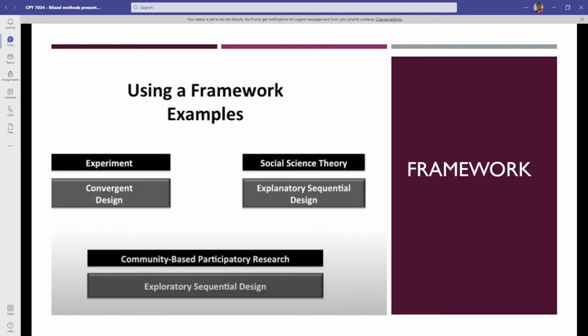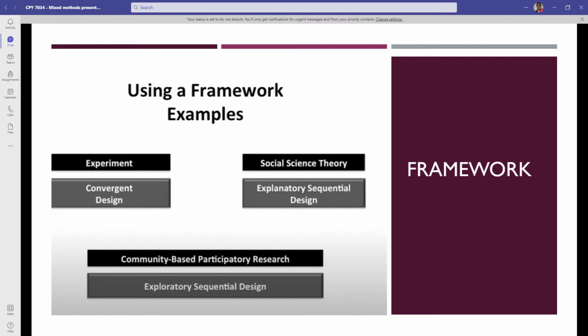And then lastly, you put it into a framework. Here are a few examples of frameworks that go with the different designs. If you're doing convergent, you do an experiment. Pretty straightforward there. Social science likes to use the explanatory design very well, where you're basically doing the quantitative data, and then you're trying to understand this, creating this theory for the qualitative.